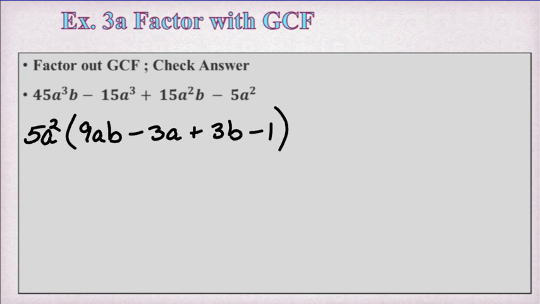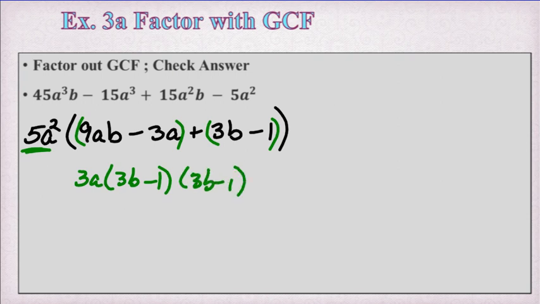From this point, now I can group. So again, this part stays as my answer. I'm going to group these two together. So inside here, 9ab minus 3a, I can factor out a 3a, and that leaves me with 3b minus 1. And over on this side, I already have 3b minus 1.